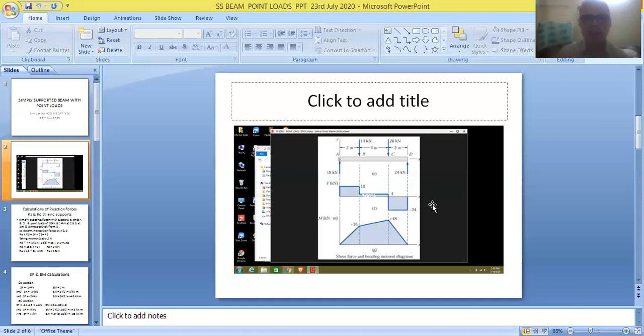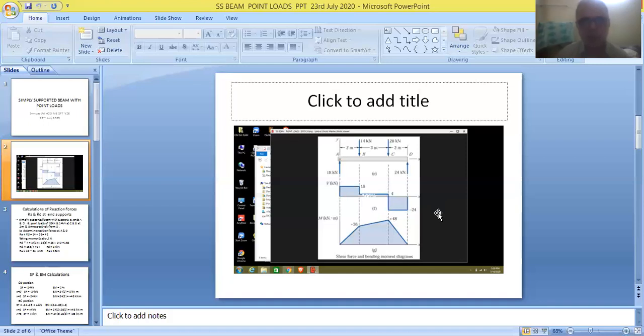So friends, using all these rules, it will be very easy, dead easy, for framing the SF and BM equations, and also for getting the SF and BM values at different points in the beam.